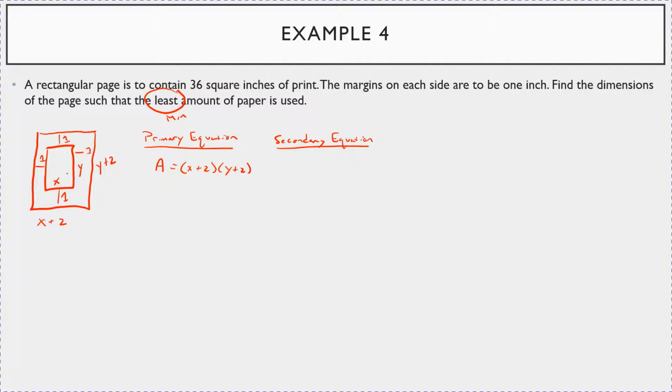Well, we know that this print area has to be 36 square inches, so x times y is equal to 36. Solving for y, you get y is equal to 36 over x. So look, now you can plug it right in. Boom. Area is equal to x plus 2, and now instead of y, you get 36 over x plus 2.